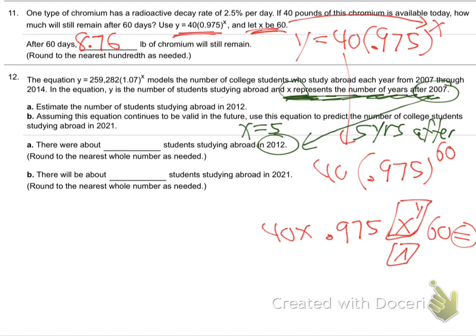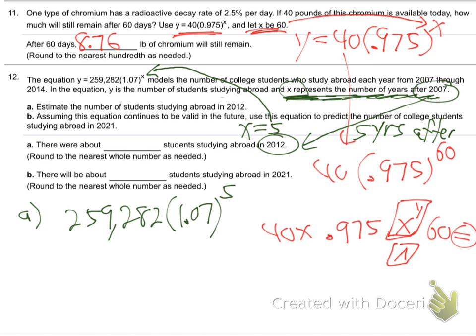So if it's 2012, that's 5 years after. So just take their formula, wherever it is, there it is, and plug in X is 5, is all they want you to do. Just grab the 5, put it in right there. So part A will be 259.282 times 1.07 to the 5.